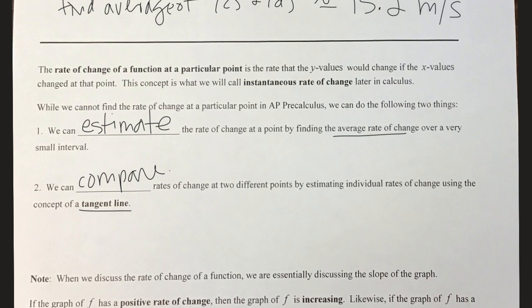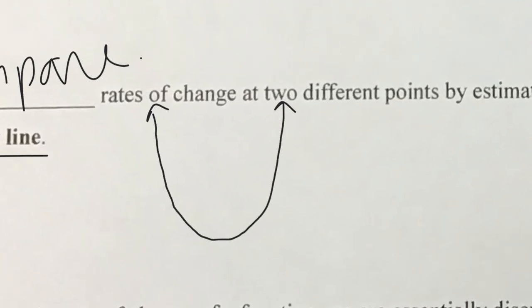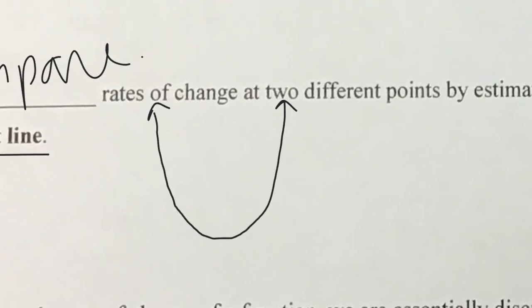Okay, a tangent line. So if we had a graph, this is a nice parabola. Okay, there's a parabola, and we can pick any point on that parabola, and we can figure out what the tangent line is. So the tangent line is one that touches in only one point.